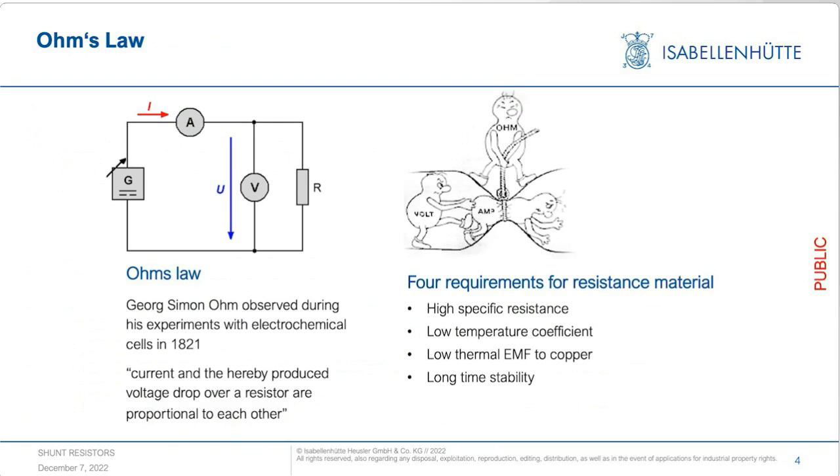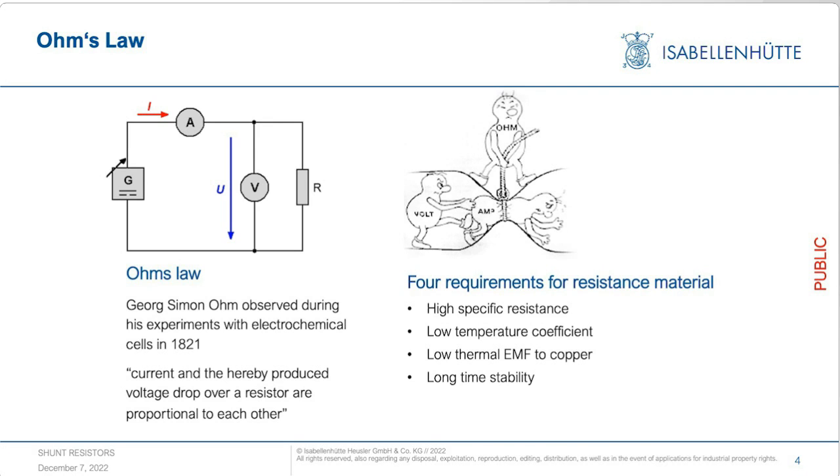The basic principles of shunt-based current measurement goes back to the year 1821, when Georg Simon Ohm observed during his experiments with electrochemical cells the most fundamental law of electrical engineering, Ohm's law. I think you're all well aware of that.